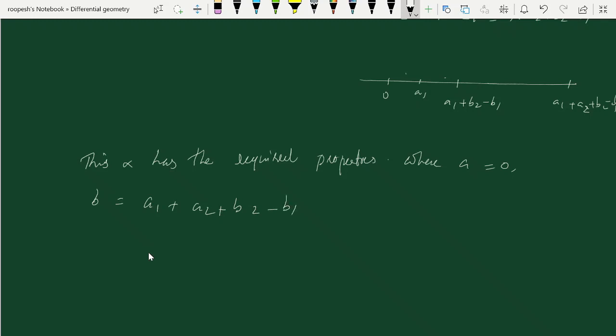Since we are taking alpha from some closed interval a, b, right? So a can be taken as 0 and b is equal to a1 plus a2 plus b2 minus b1.